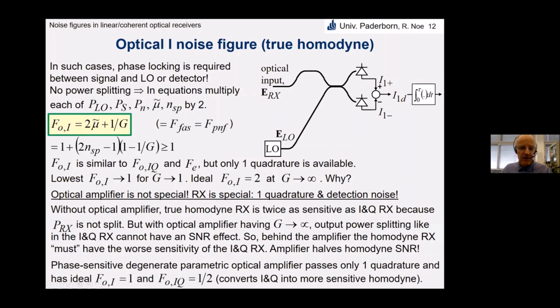Here the noise figure of an optical amplifier is at least equal to 2, because you have a homodyne receiver. But the homodyne receiver is a special case. You don't have this usually in the electrical domain.